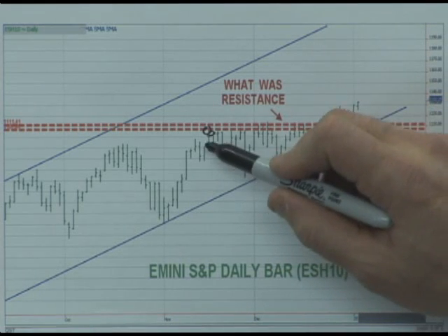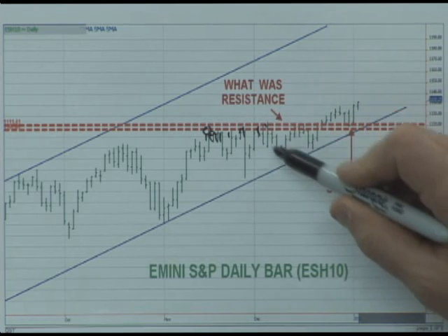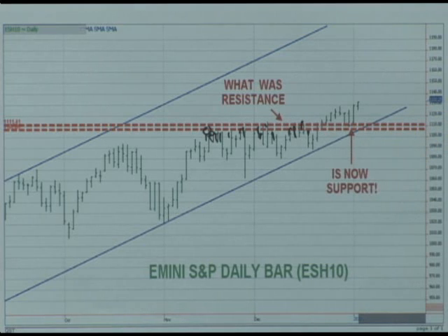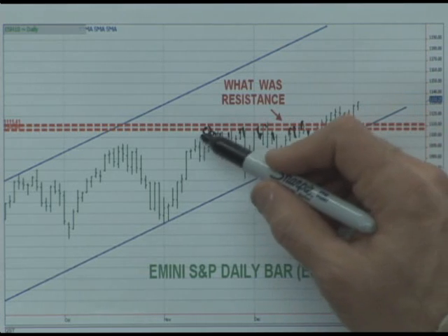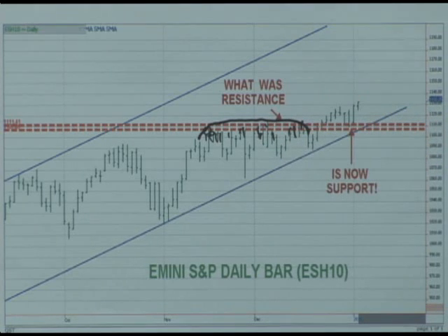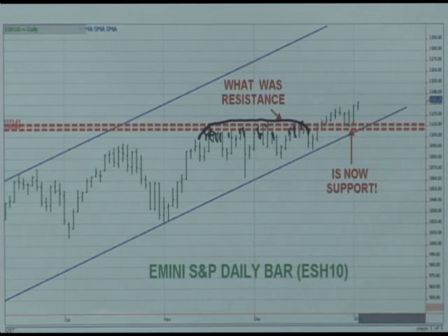We can count them together. 1, 2, 3, 4, 5, 6, 7, 8, 9, 10, 11, 12, 13, 14, 15 separate occasions during this period we could not get above that area, somewhere between 10:10 and 11:10 and 11:05. We could not get above, so that's what's called resistance.